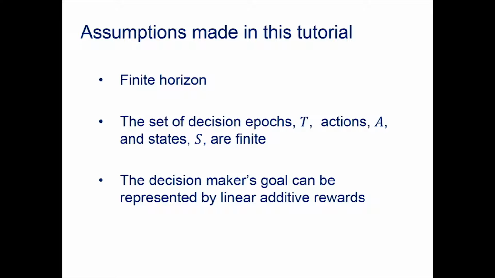And then the decision maker's goal, I'm going to focus on problems where it's linear rewards, so you're adding them up over time, but there are lots of other approaches. You could look at, like I said, a probability of a bad event. You might want to minimize the risk of somebody having a heart attack, for example.